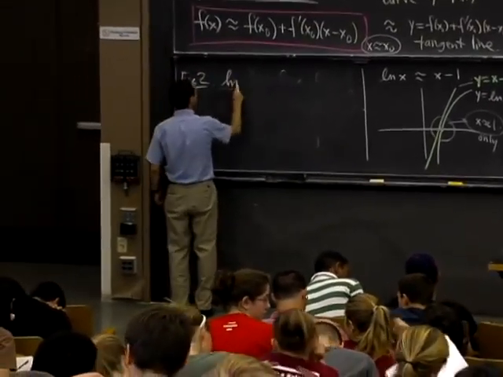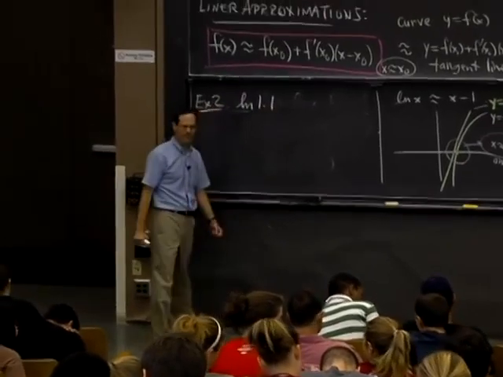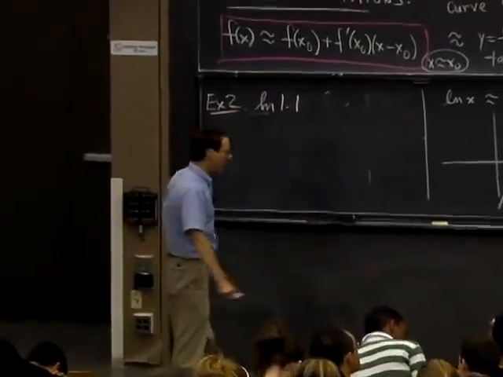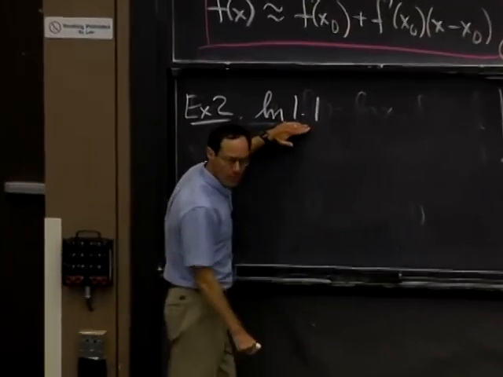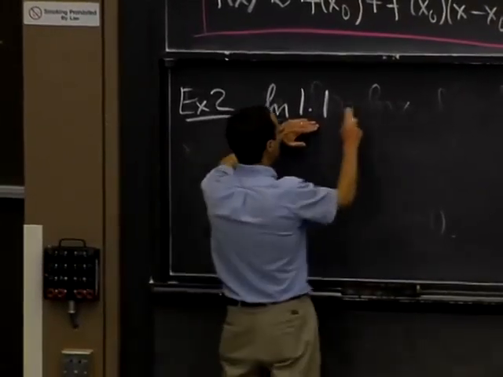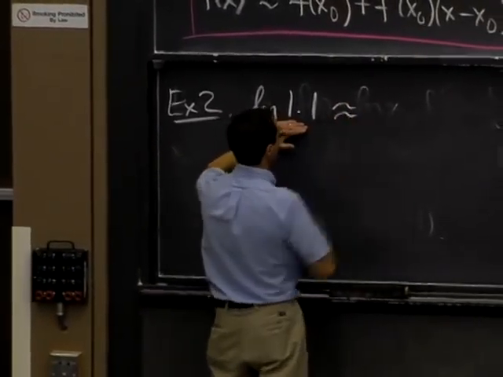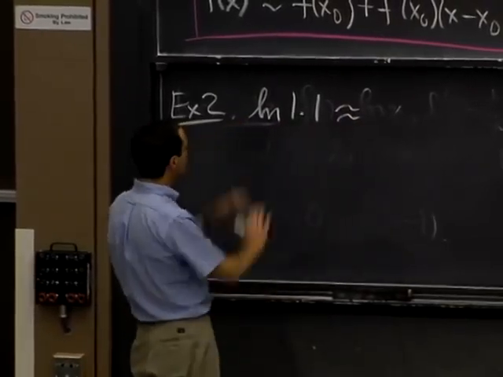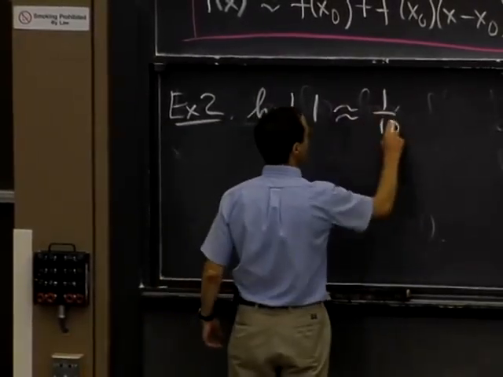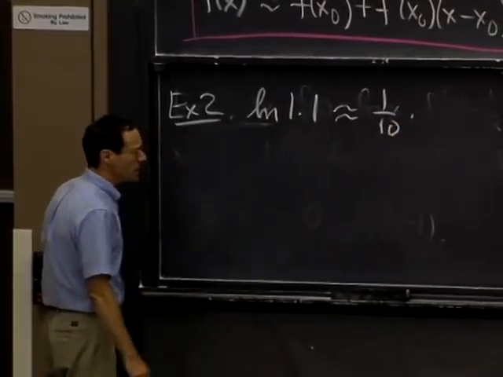So let's just take the logarithm of 1.1. So I claim that according to our rules, I can glance at this and I can immediately see that it's approximately a tenth. So what did I use here?